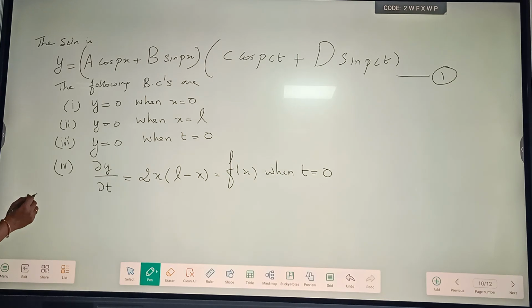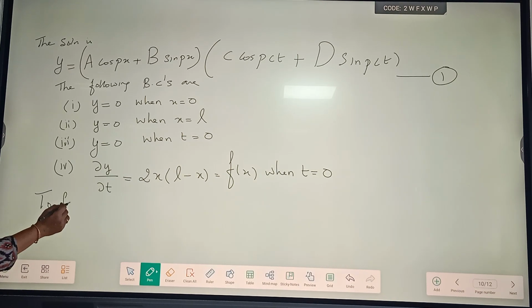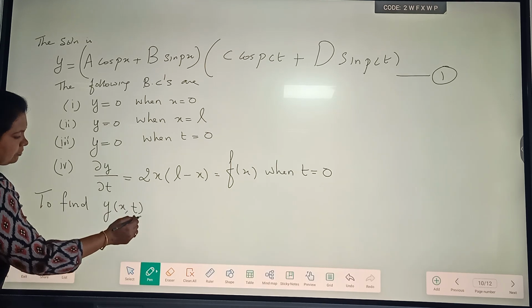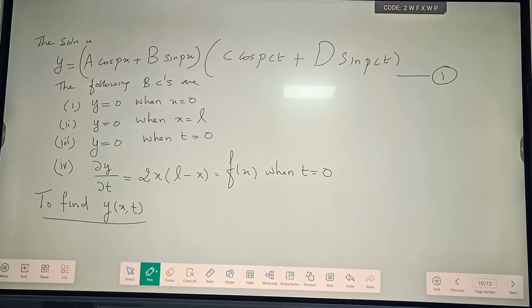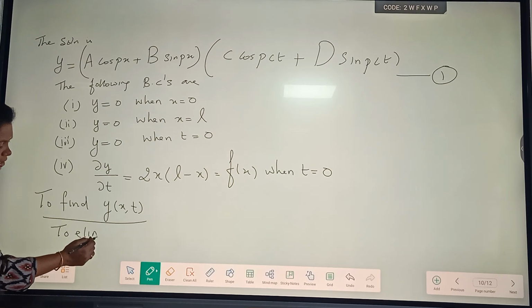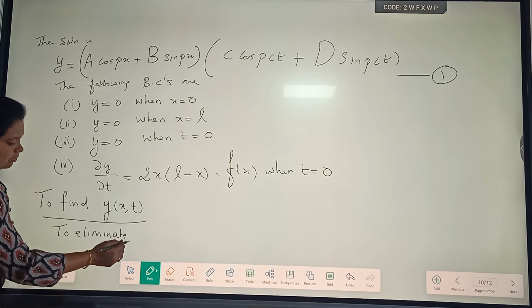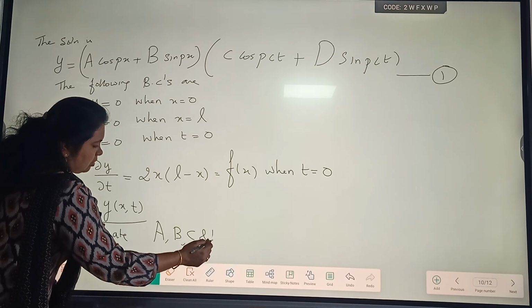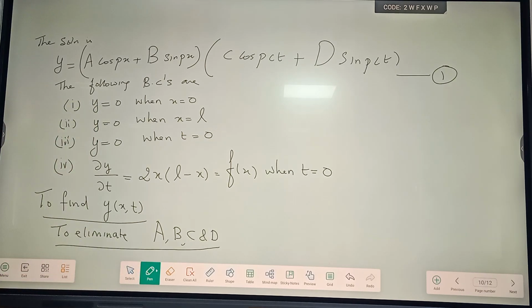So right now, to find y of x comma t, what do we have to eliminate? We eliminate A, B, C. For that, we are going to apply the boundary conditions one by one.